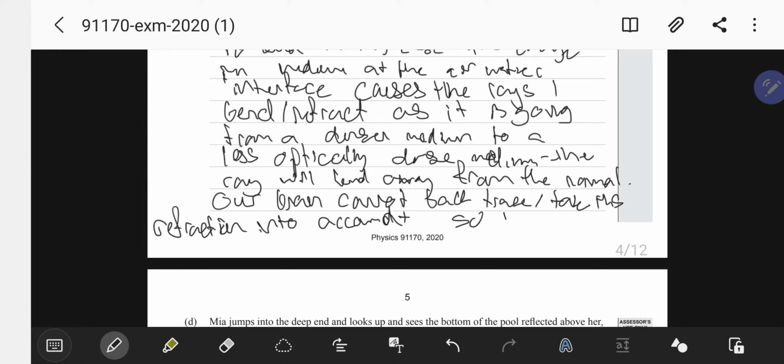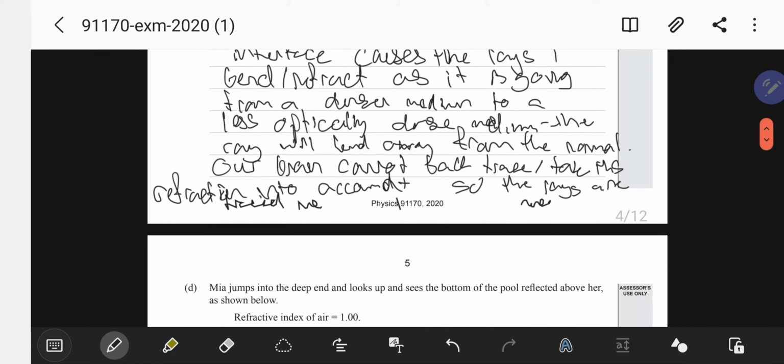So the rays are backtraced in a straight path. Hence the image, okay, something has happened. It's disappeared, but I'll just write it again.